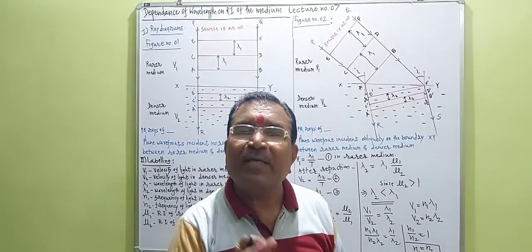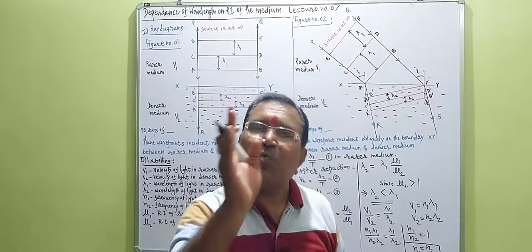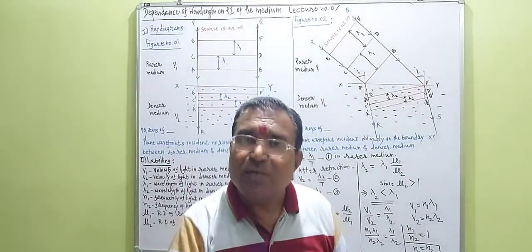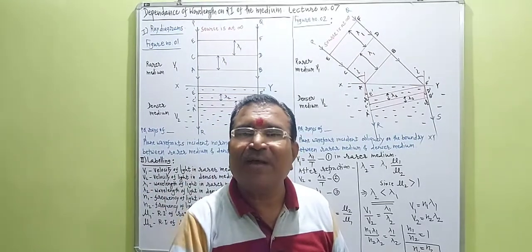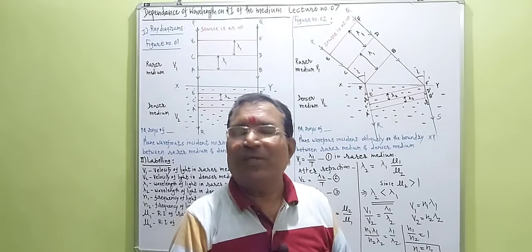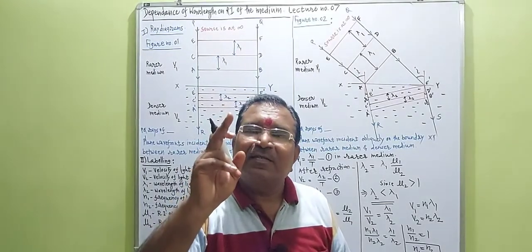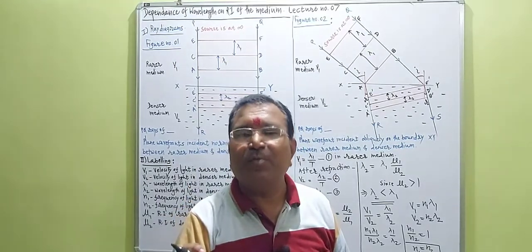Frequency of light remains constant when it moves from rarer medium to denser medium, though refractive indices of rarer medium and denser medium are different. We know refractive index of rarer medium mu 1 is less than refractive index of denser medium mu 2.